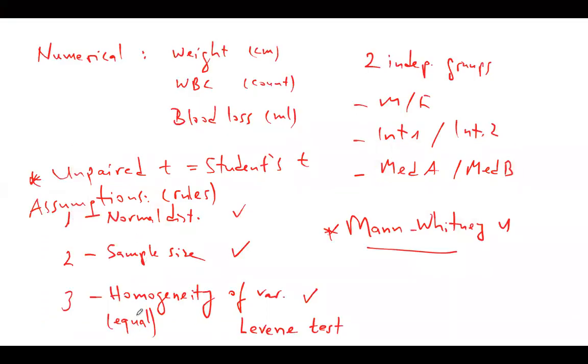If I cannot meet any of them, if I have a low sample size, or I don't have a normal distribution, or my variances are not homogeneous and the Levene is significant, then I go for the Mann-Whitney.